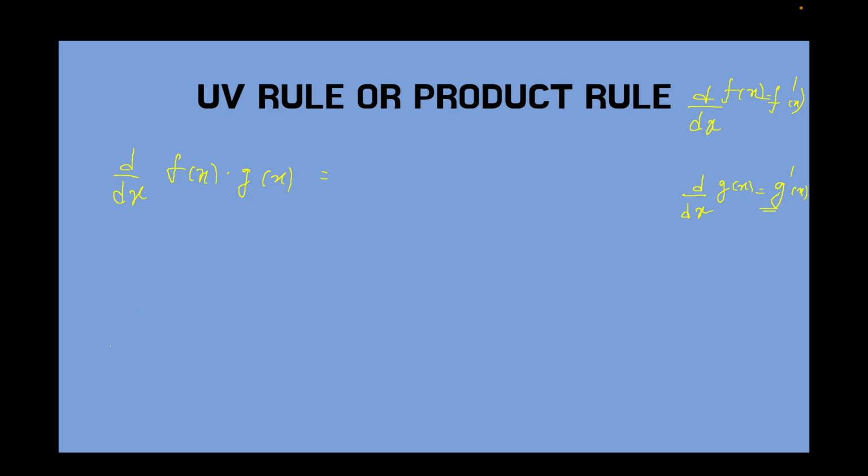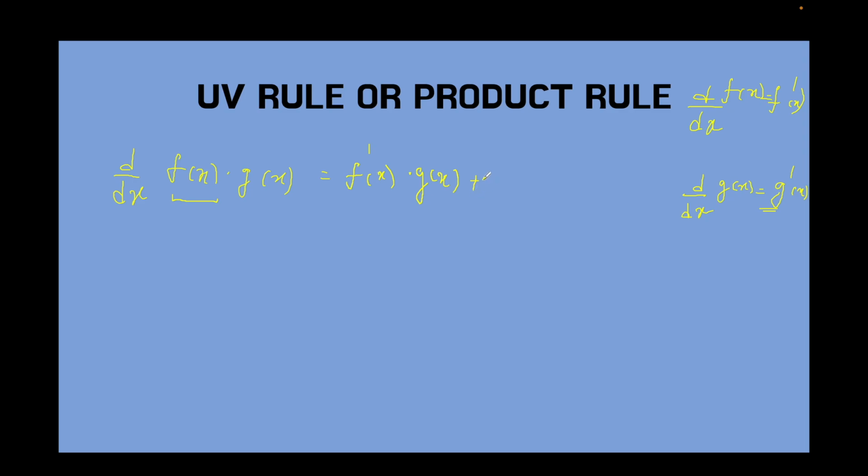Now what is it? What I will do is take any one function. I will take the first function and differentiate that. Okay, so differentiated. But the second one you keep it like that only. Multiply, but don't differentiate. Now add a plus symbol.